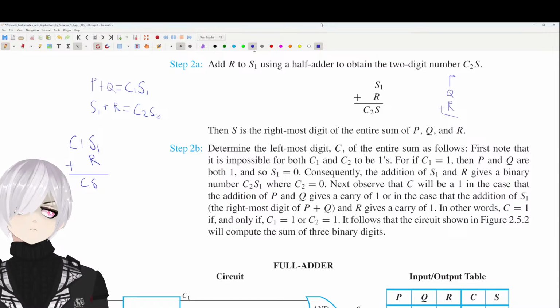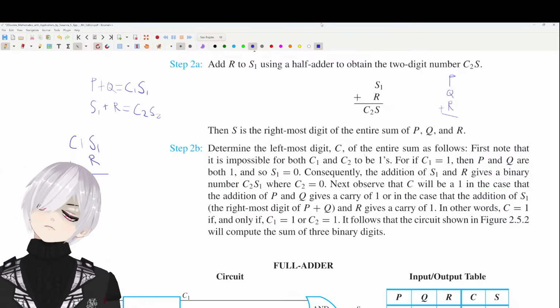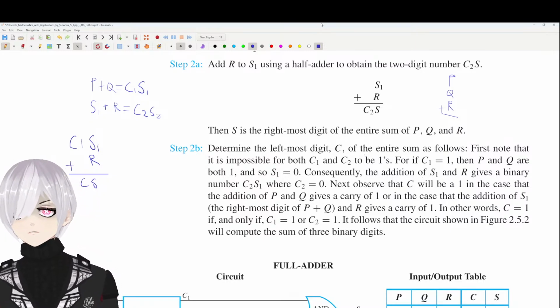Interesting. Oh, okay. I think I might be able to get it. It was proven earlier that C1 and C2 aren't both 1, and now we're going to use that fact. So first case, suppose that C1 is 1.